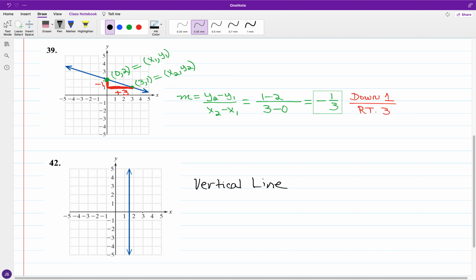Notice it is locked in at around 1.5, and as you move along this line, the only motion is up and down. If the slope is defined, then it is a non-vertical line. But if you have a vertical line, your change in x is zero, so you would have a zero value denominator in the ratio, and that is outside the real number system. So in this case, the slope is undefined.